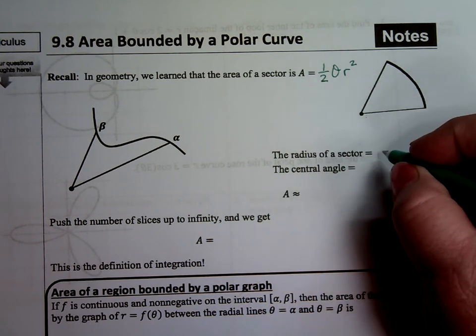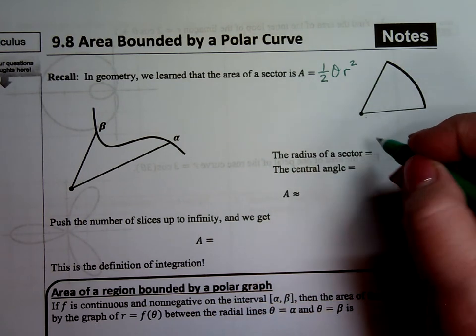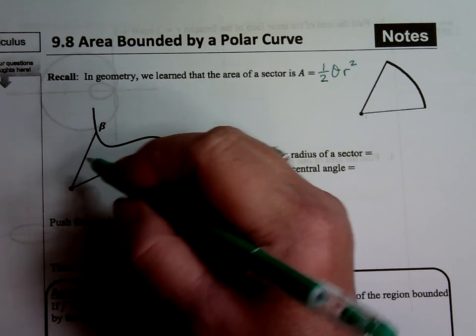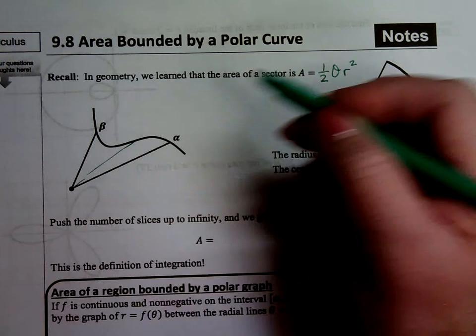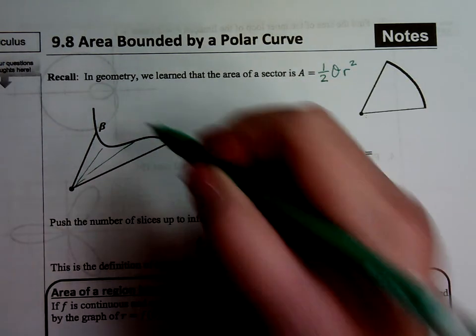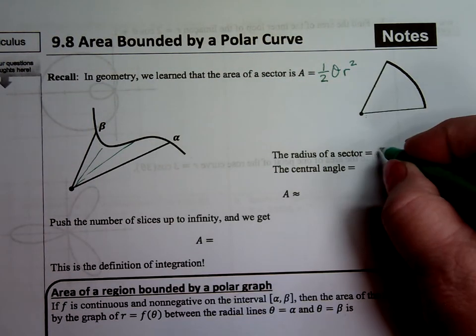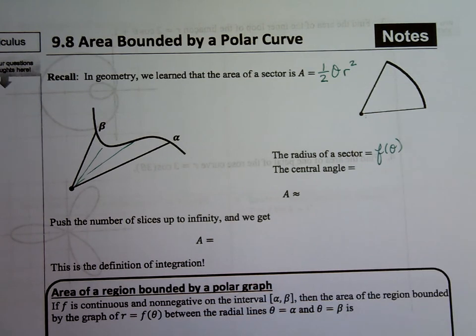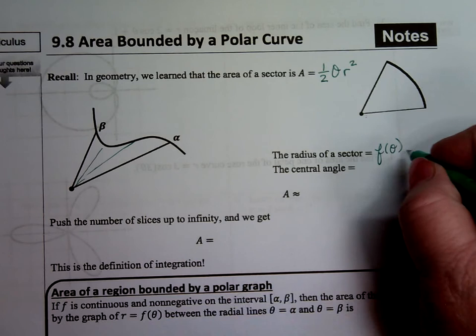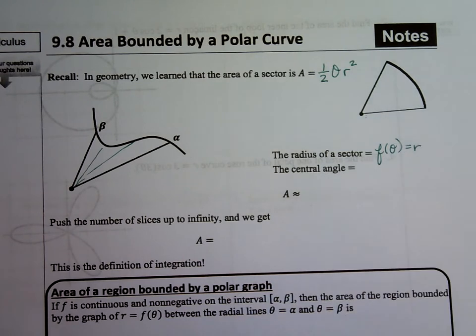The radius of a sector for us, see how it's changing? Like this could be a radius going from that point to this. This could be a radius as well. So it's f of theta, whatever theta is. That's what your r is going to be. All right, the central angle.